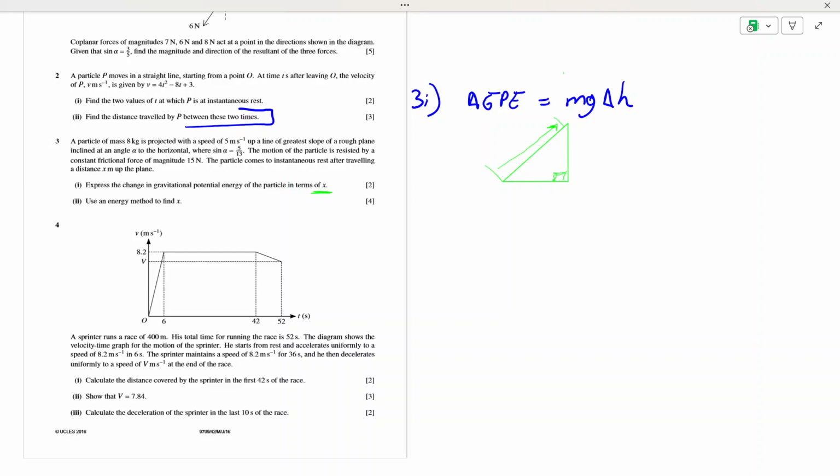It says here in the question, the particle travels a distance x up the inclined plane. So this is the x that we have. And we know that this is alpha, right? So to get the height, this change here, this is the delta h.